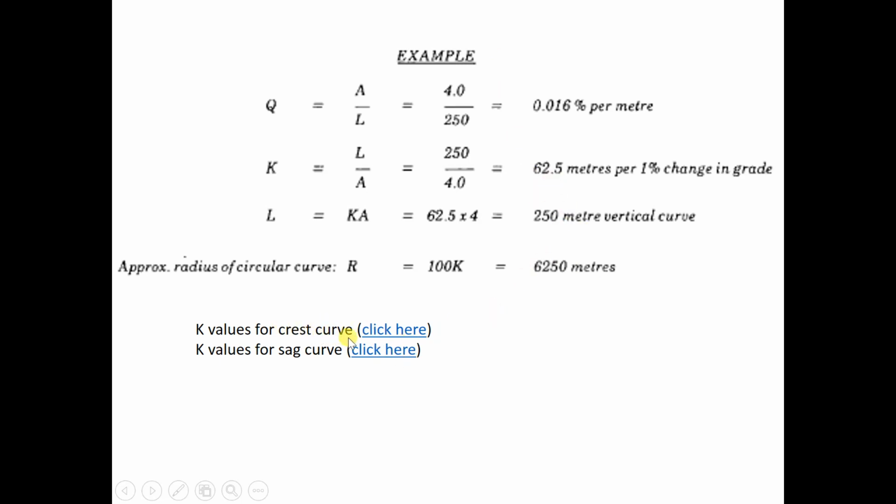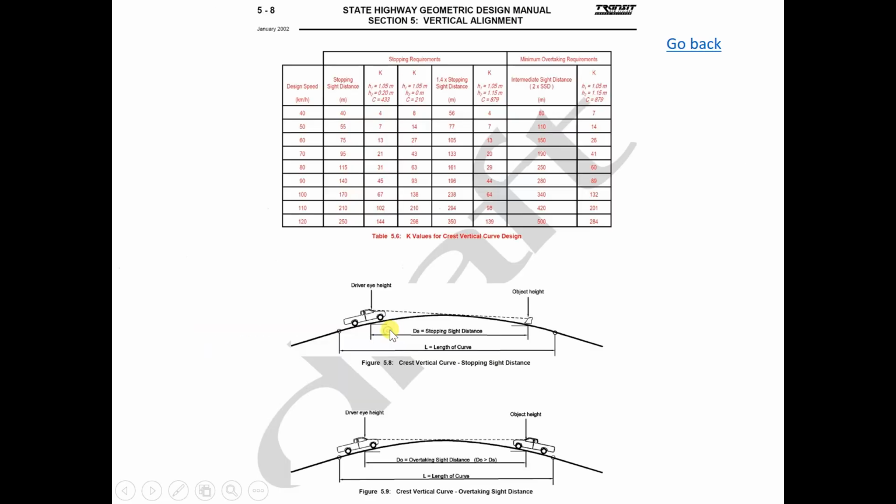K values for the crest curve. There are so many K values here. One is for the stopping requirement, one is for the overtaking requirement, so you probably cannot see properly. There are some K values based on the height of the hazard.